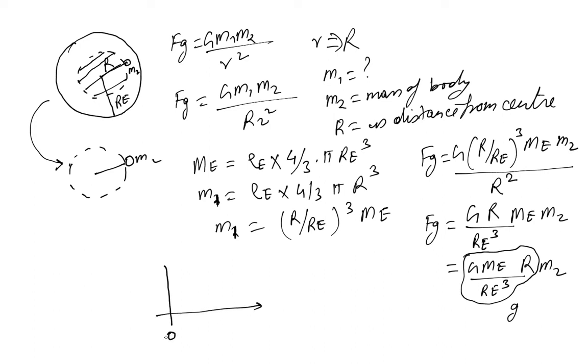As you start from the center of the earth, if you plot this g, then the gravity should behave like this, in fact like this, which means gravity increases as R increases, and this keeps on increasing until you reach Re, right? Because as you go and consider bigger circles, the gravity keeps on increasing. So this is what is happening.